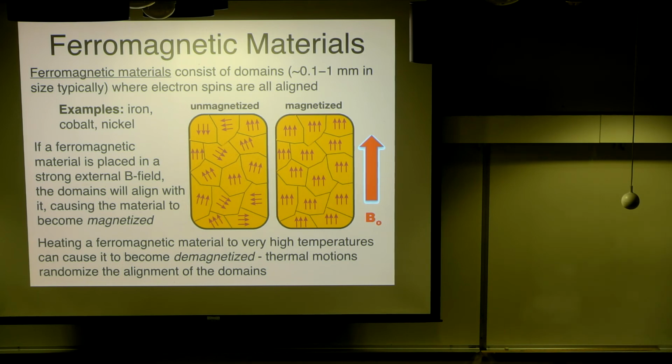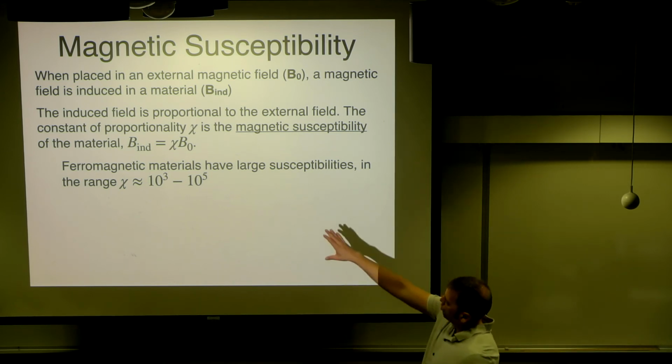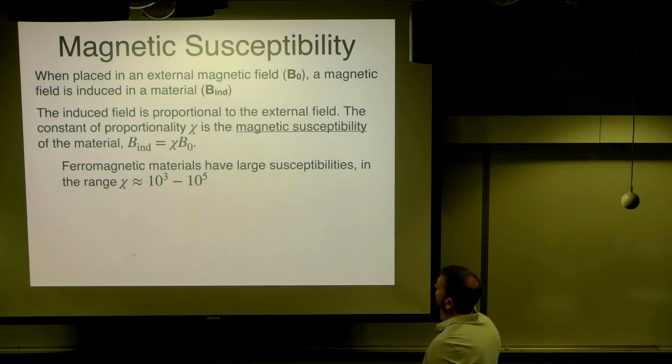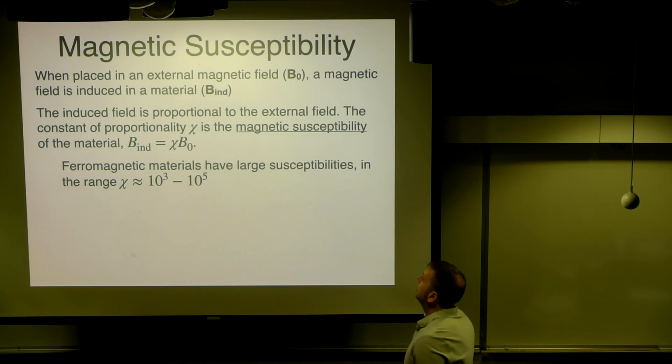Okay, so let's take that picture and introduce a couple equations that describe what's going on. To summarize, when placed in an external magnetic field, we're calling that external field B0, the material itself has what we call an induced magnetic field.